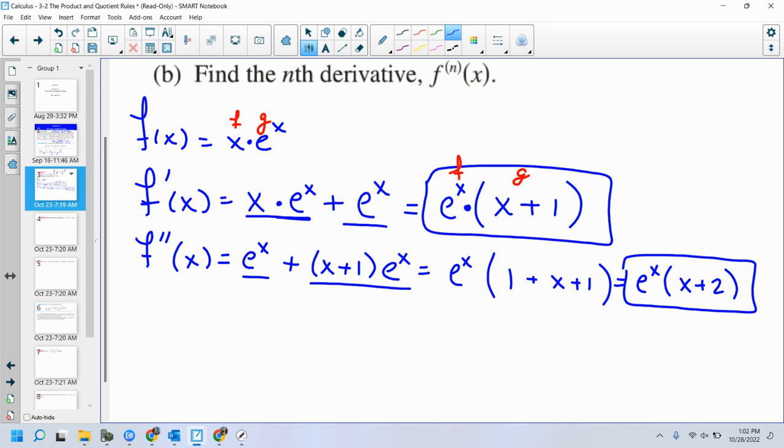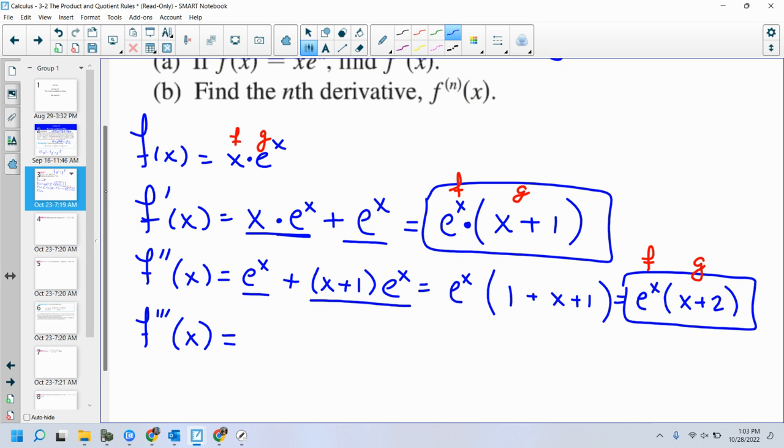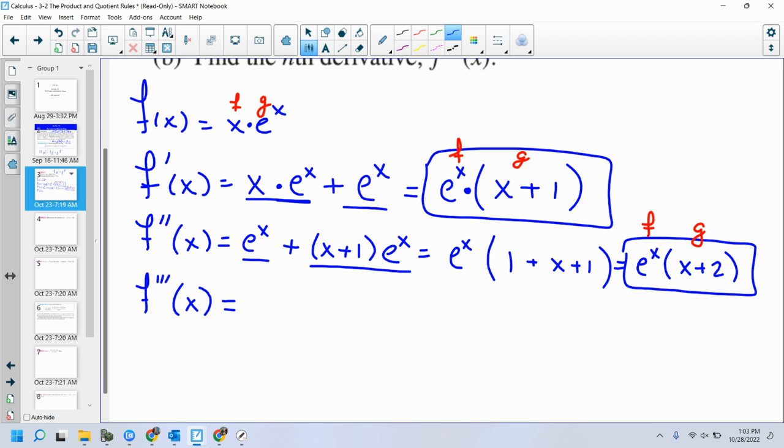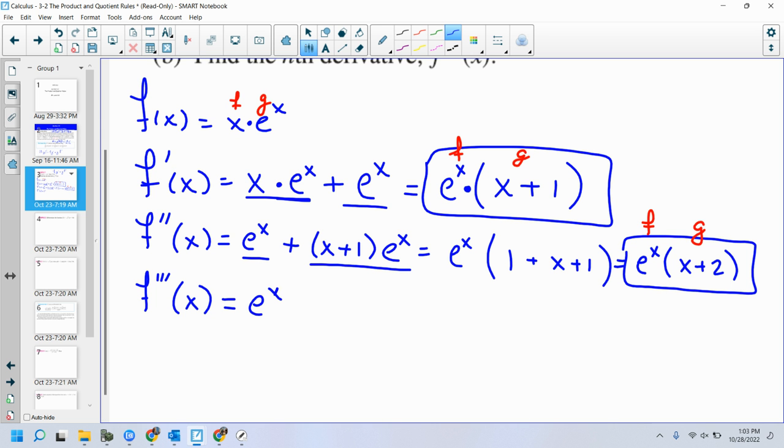Let's, for good measure, find the third derivative. You might be able to already tell a pattern. You might be able to estimate what you think it's going to be, but let's find the third derivative. Okay, so now this is our f, and this is our g. f, g prime is our first term. e to the x times, what's the derivative of x plus 2? 1.